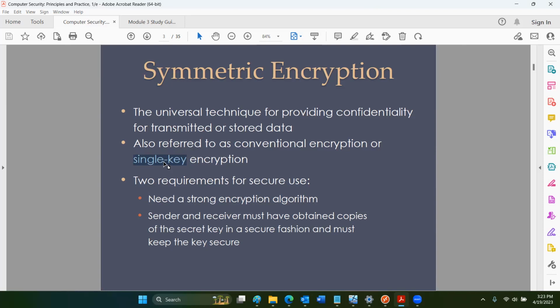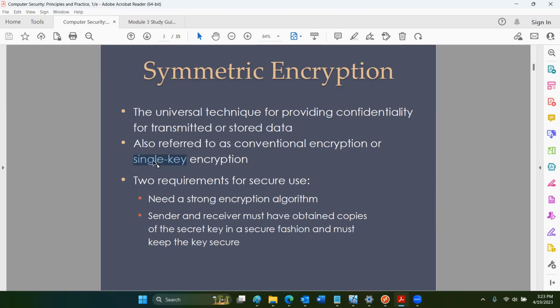Okay. Now, symmetric encryption, in terms of basics, the Achilles heel is that there's a single key. So if you have a single key and someone gets your key, they can decrypt your messages.